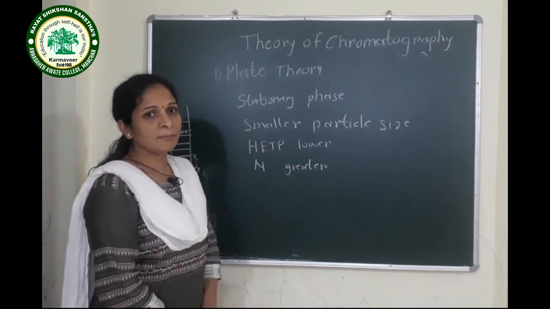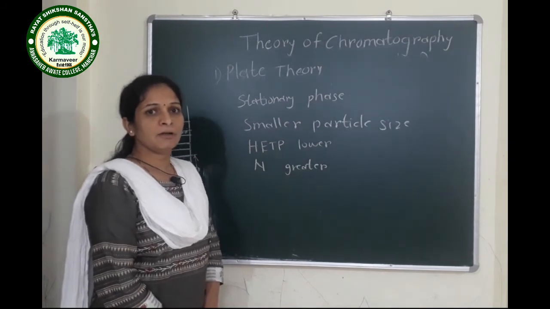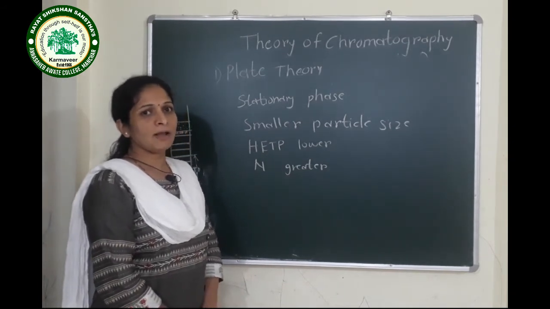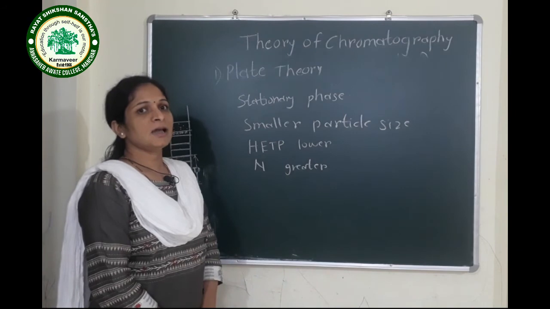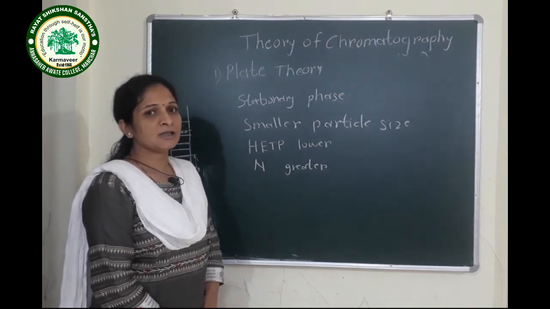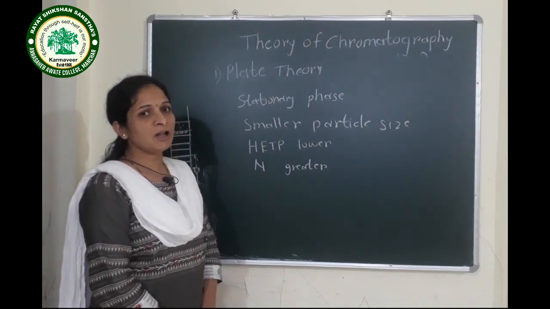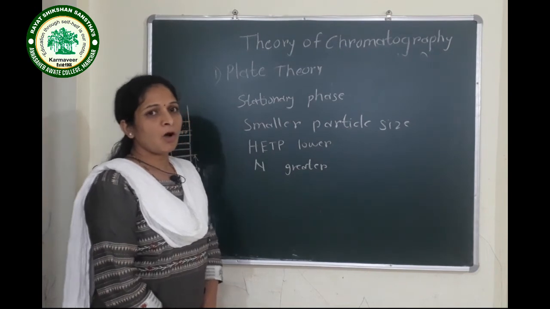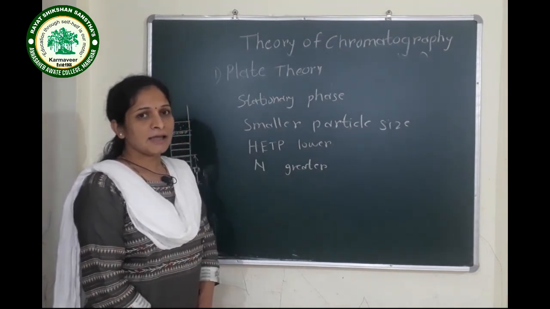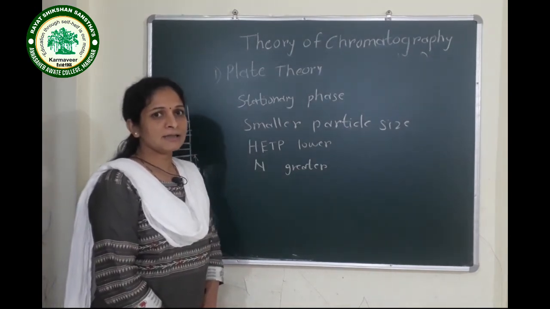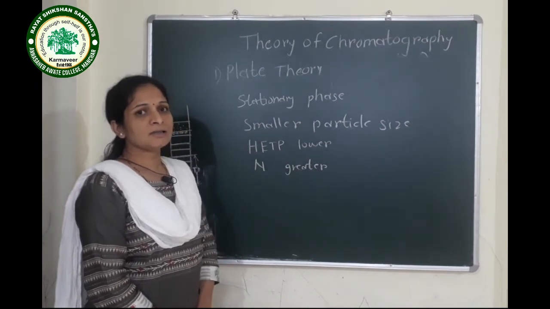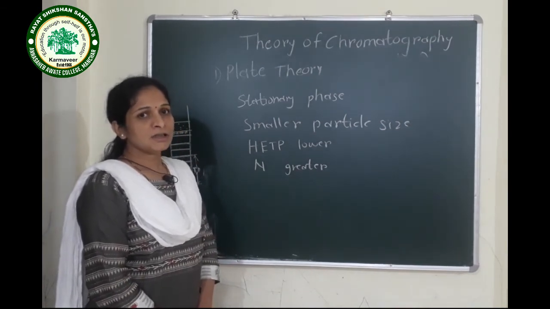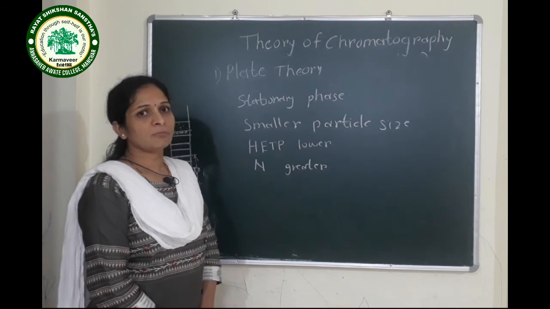That's why the equilibrium distribution between the stationary phase and mobile phase will increase as the particle size of the stationary phase decreases, because lower or small particle size gives a greater surface area which is free for adsorption.